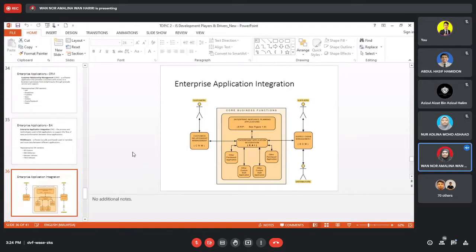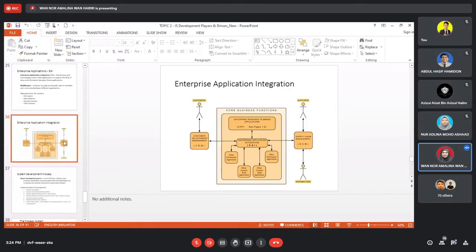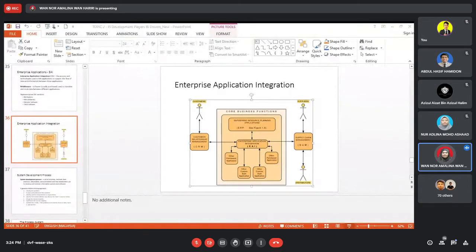Okay. So EAI or the middleware, okay, nampak ni kat sini ni. Okay, EAI sits here whereby it enables the communication between the CRM, supply chain, and other purchase applications in ERP.